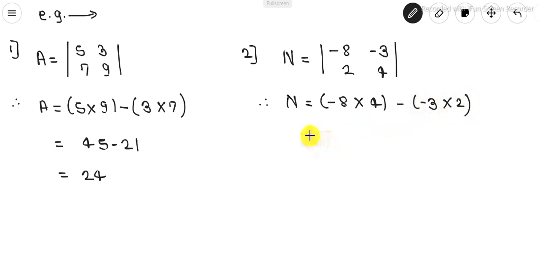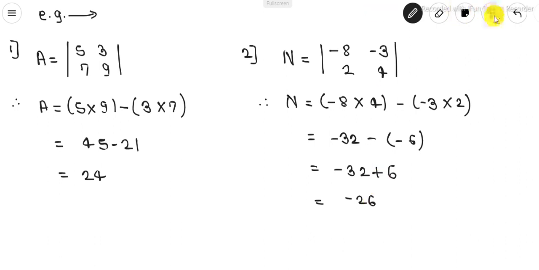Now the value of determinant N is equal to minus 32 minus 3 multiplied by 2, here both the signs are minus, it becomes plus, therefore minus 32 plus 6, hence the value of determinant is equal to minus 26. This is the second example.